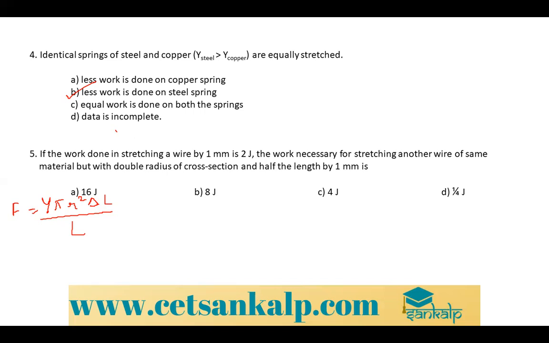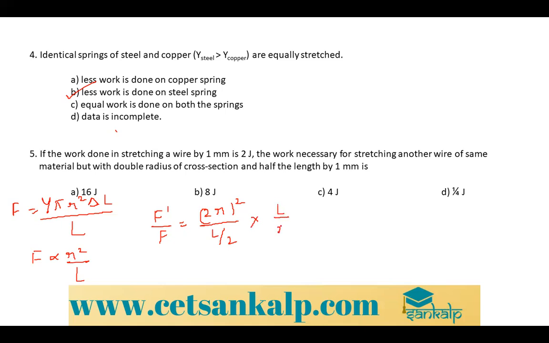So from the concept we have been told, the material and everything is the same. So I can say directly F is proportional to r square, inversely proportional to L. As they've given the ratio, you are going to find F dash by F. The second time, when you stretch, the radius becomes 2 times r, the whole square, divided by L by 2, the whole divided by r square by L. I'll multiply that.